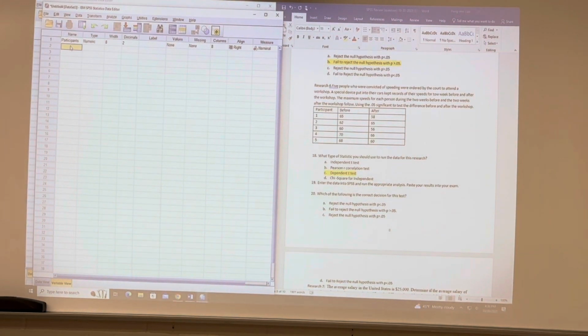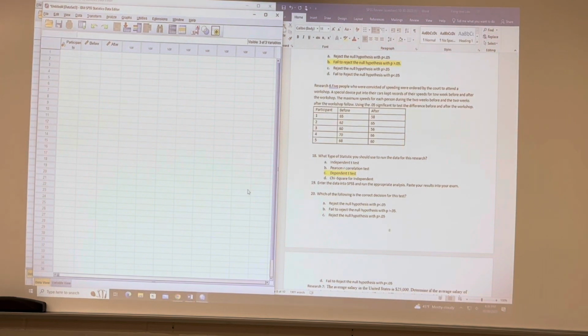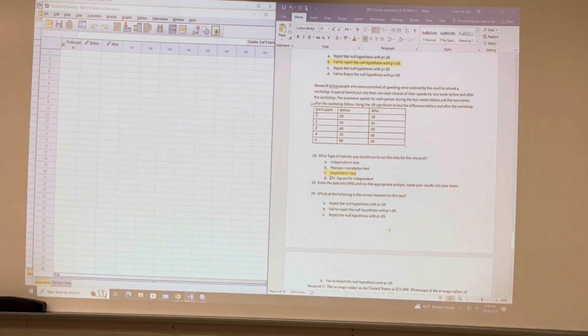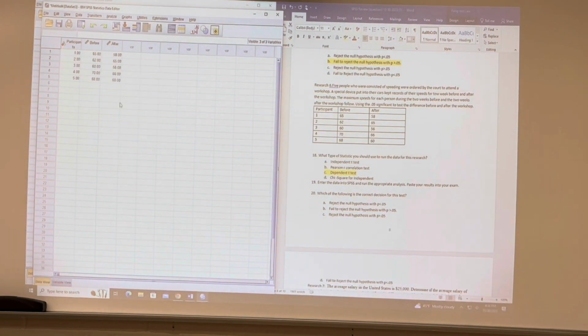Okay, before and after, and they are both scale. Okay, and let's copy the data.